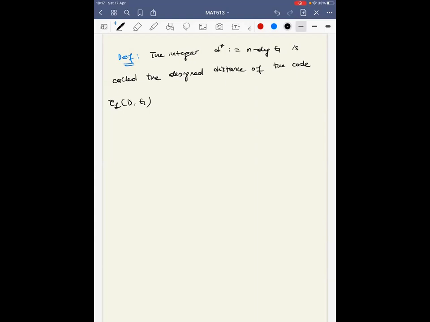So, and by the corollary part A, corollary 2 to 3, we always have that the minimum distance of an AG code is bigger than or equal to the design distance.